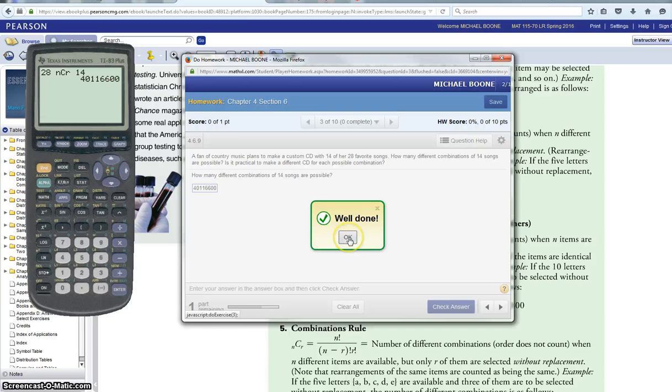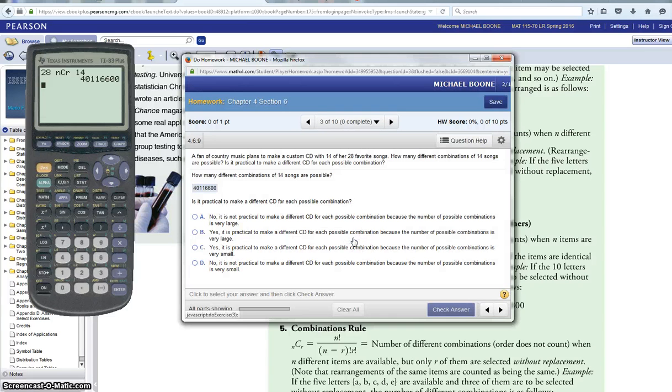So again, lots of different combinations. Is this practical? I would say absolutely not, because let me look at all my commas. That's like 40 million different ways. But this is how some other basic calculators will have this, nCr and nPr, so you can find these values very easily.